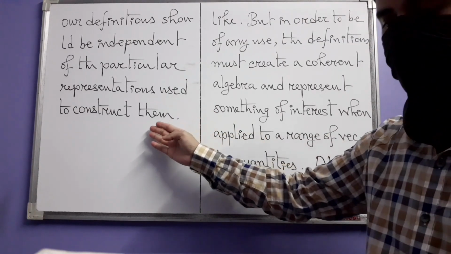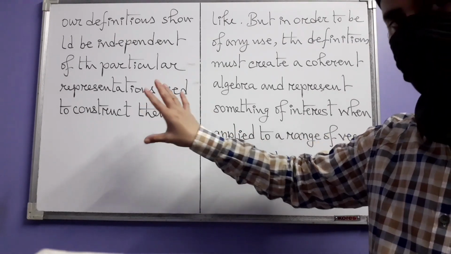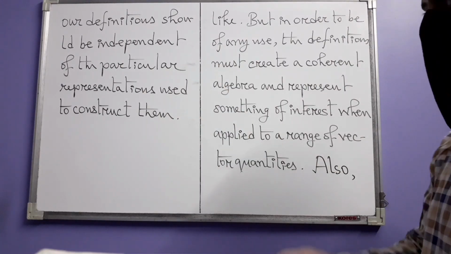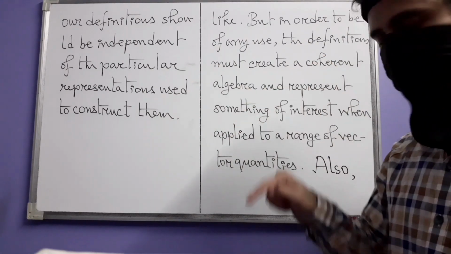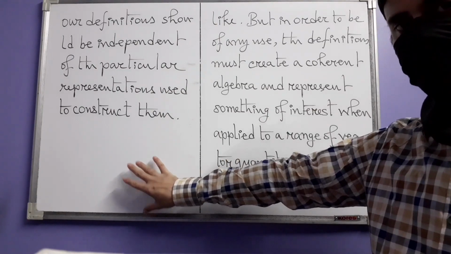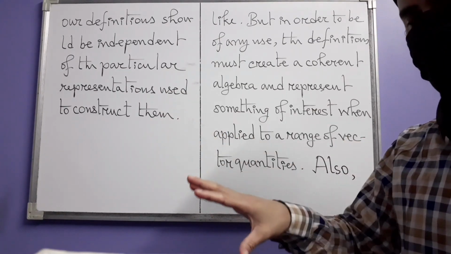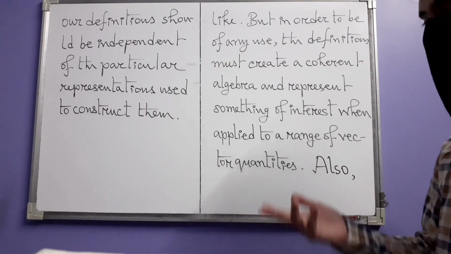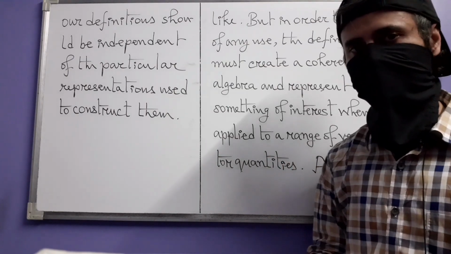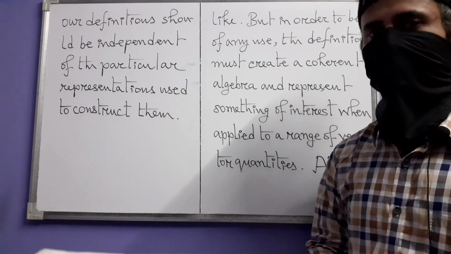This last part will better be understood when we see the definitions. And these requirements are satisfied by the definitions that ultimately were chosen as the definitions of vector addition and scalar multiplication. I mean, people who worked with these things, they did this carefully.